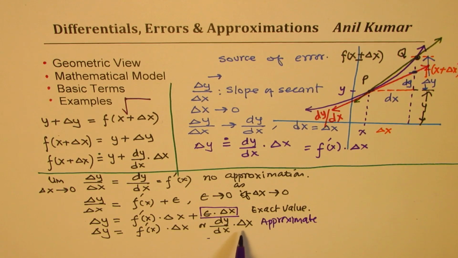So that is what we normally work with, right? So only the first factor. We normally forget about this, and that causes approximations and errors. Perfect? That is what the error is.